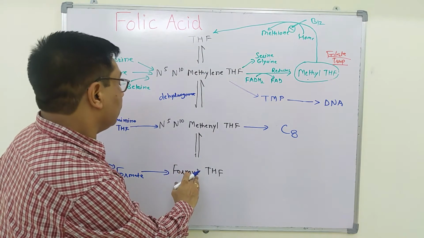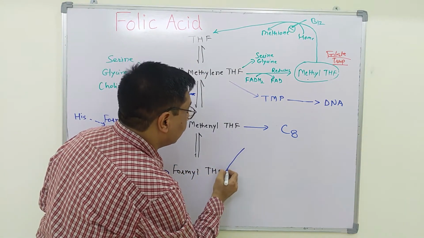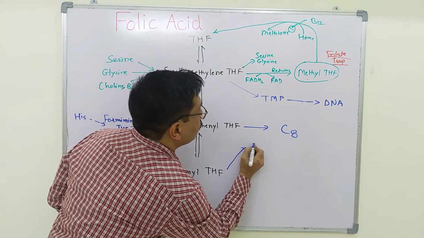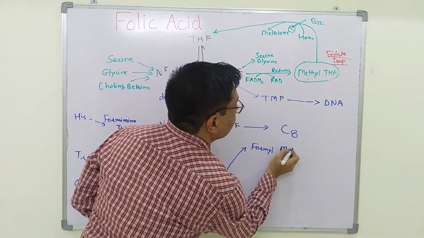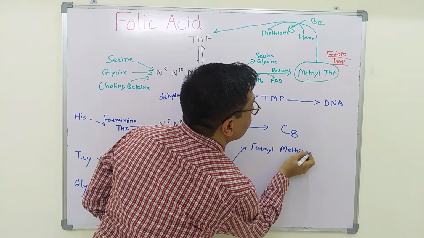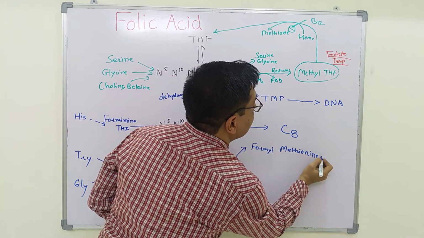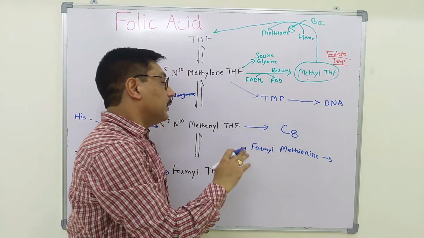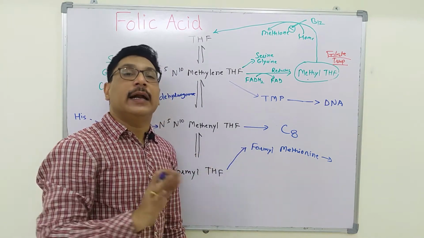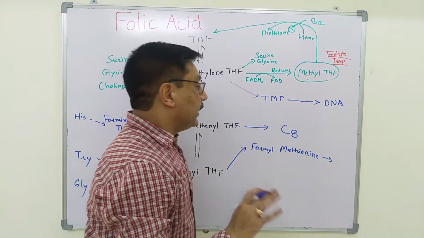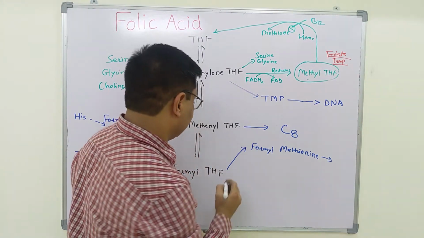This formyl tetrahydrofolate is required for formation of formyl methionine, which is required for synthesis of tRNA formyl methionine, and that is required for initiation of protein biosynthesis.